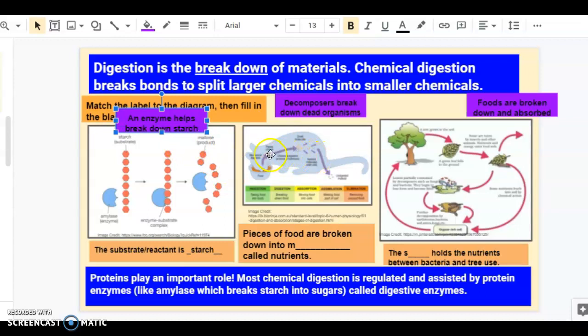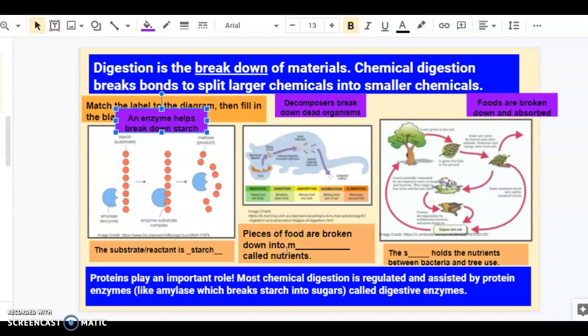The next diagram shows a cat eating food. And as the cat eats, the food is broken down into smaller pieces, which are then sent to different cells in all the parts of the cat's body. So pieces of food are broken down into M called nutrients.